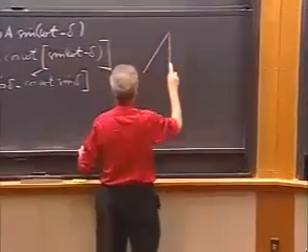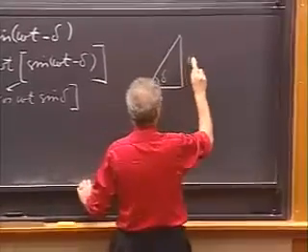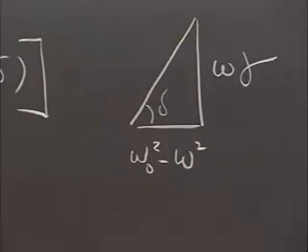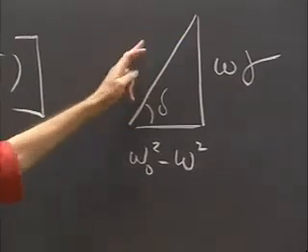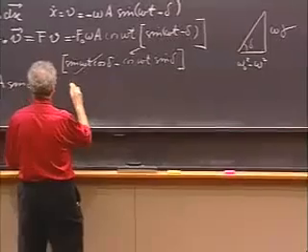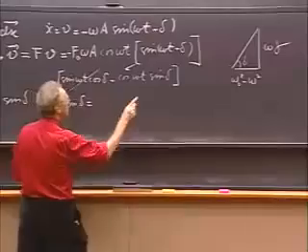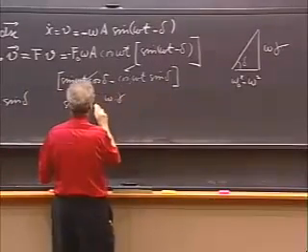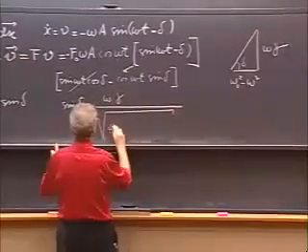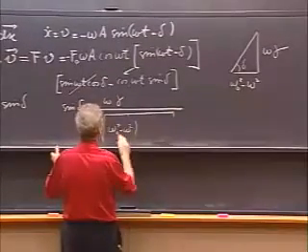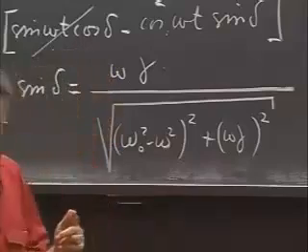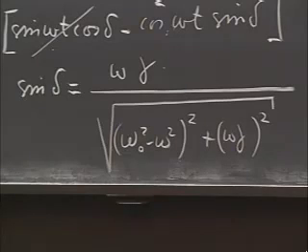If this is delta, and if this is omega gamma, and this is omega 0 squared minus omega squared, then it only takes Pythagoras to calculate what this is, and so I know that the sine of delta must be omega gamma divided by the square root of omega 0 squared minus omega squared, quantity squared, plus omega gamma squared. So yes, I do know what the sine of delta is.